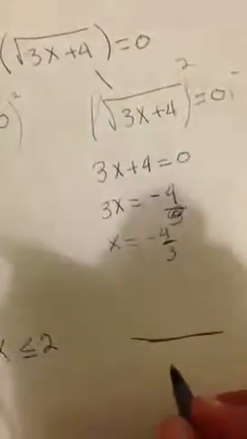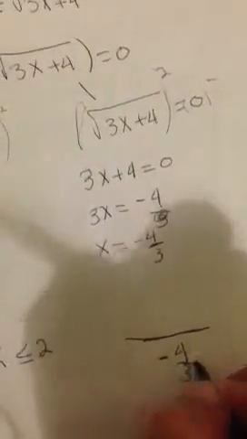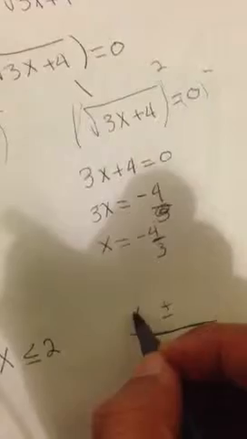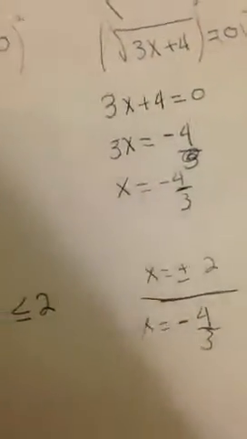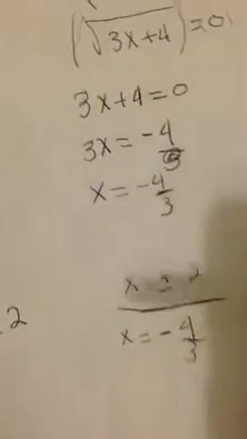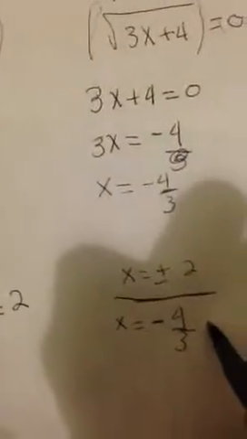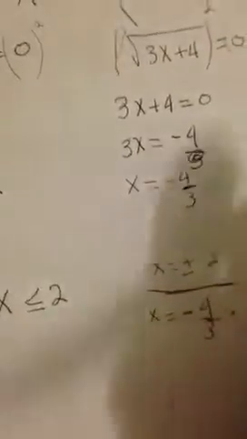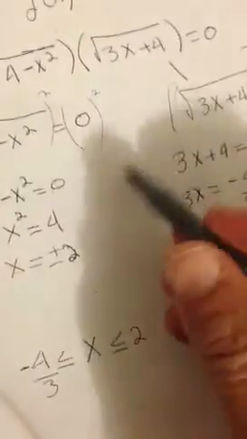We do everything the same, and we end up with negative 4 over 3 at the bottom, and on the top either positive or negative 2. So here is the rule for when you do a division: you cannot end up with 0 in the denominator. If you end up with 0, that means it's false. So if we use the same number like this, let's do this example.